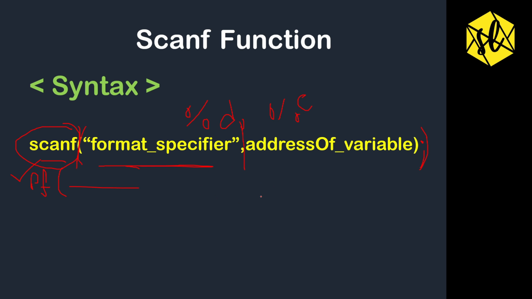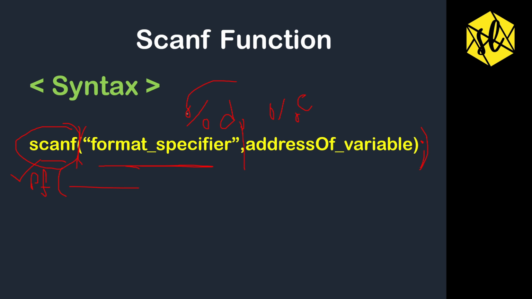If you don't know this one, please go to the previous video and search for it. It must be in the printf function video, and you will understand the concept we are talking about. I am just revising the concept. We have these format specifiers that specify the data type of that variable.